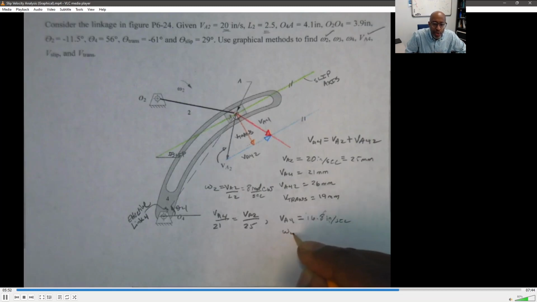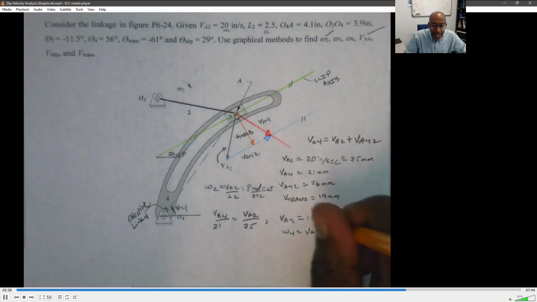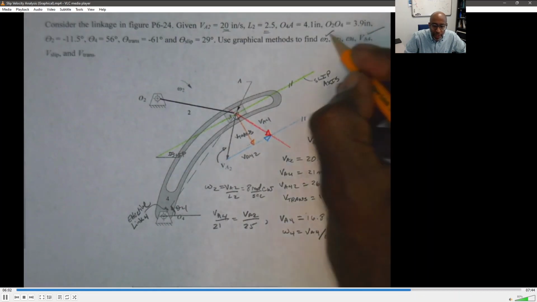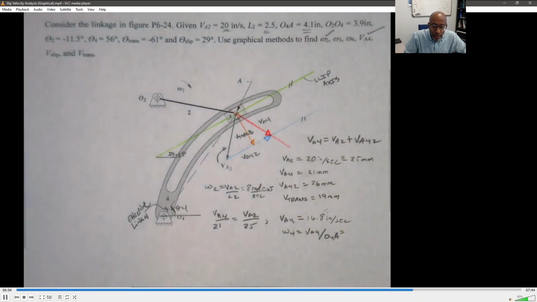Now we're ready to determine our omega 4, because once we find VA4, we can simply divide by L4, which in this case is that changing amount, the effective length of length 4, and that's O4A. But again, that's part of position analysis, and was given to us as 4.1 inches.